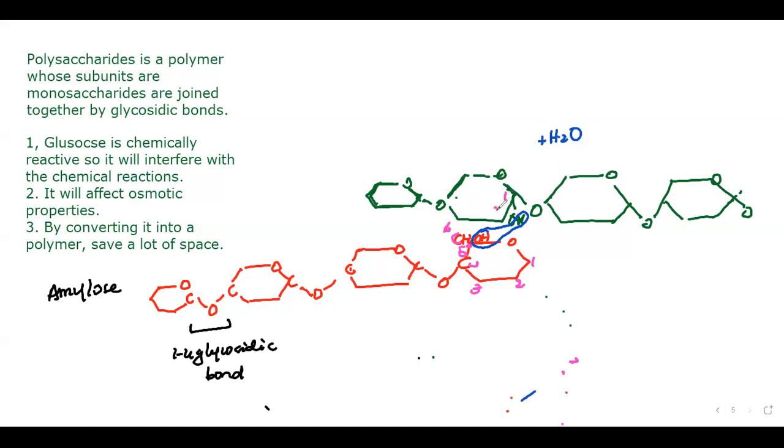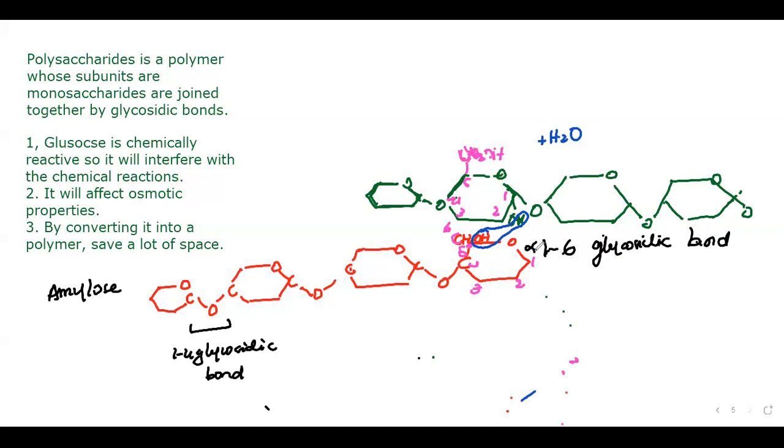Over here, 1, 2, 3, 4, 5, and over here we will have sugar number 6. So what is going to happen is that I'm getting a bond between carbon number 1 and carbon number 6. The bond that I'm getting over here is again known as a glycosidic bond, but this time I will say it is alpha 1,6 glycosidic bond.